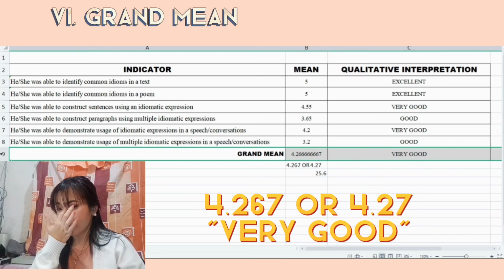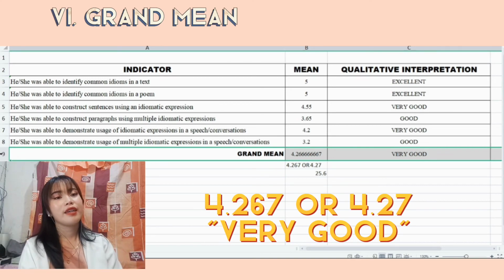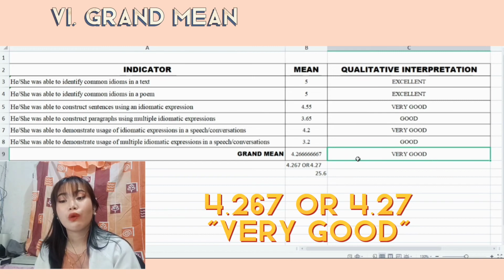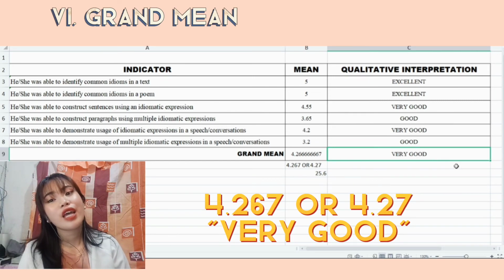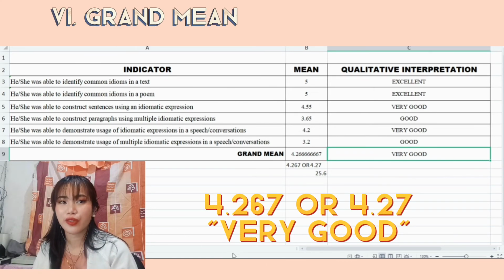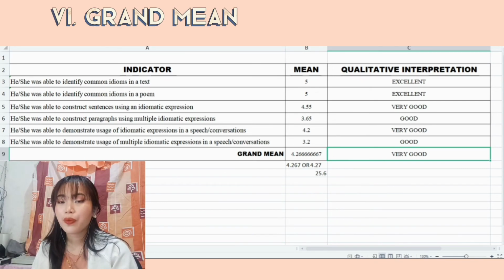So 4 in our checklist earlier is equal to very good, right? So the grand mean, which is equivalent to 4.267 or 4.27, has the qualitative interpretation of very good. So that is the total assessment of the student's learning performance.